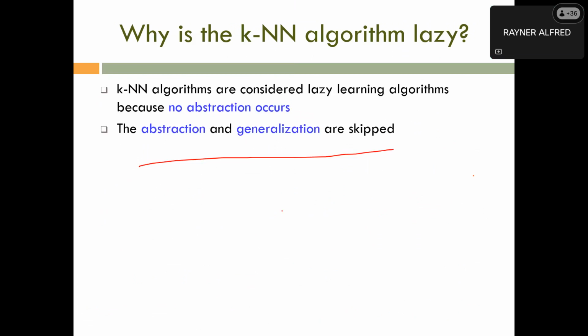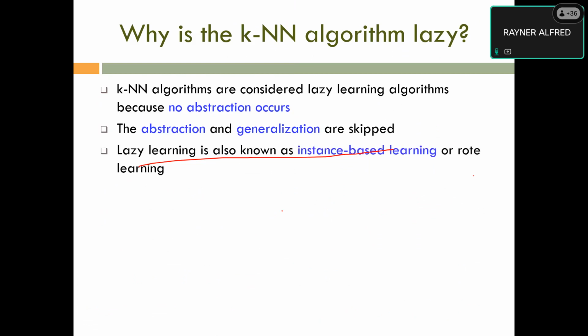If you remember, if we use a decision tree, we have to construct the tree. But if we use the KNN algorithm, we basically measure the distance only. So there is no modeling. We skip this abstraction and generalization for the data that we have.